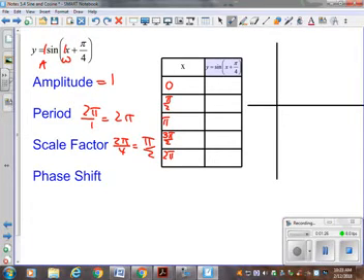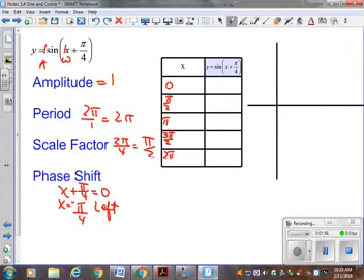But then when you look at that phase shift and you start talking about what it does, and you say x plus pi over 4 equals 0, x is going to be equal to negative pi over 4, so that means left, right? My graph's going to move left pi over 4 because it came out negative. And negative numbers on the x-axis move to the left.